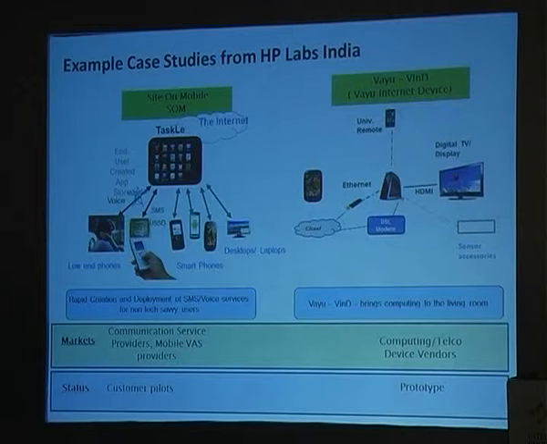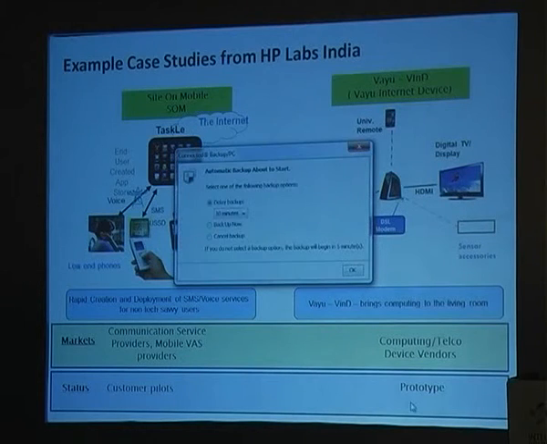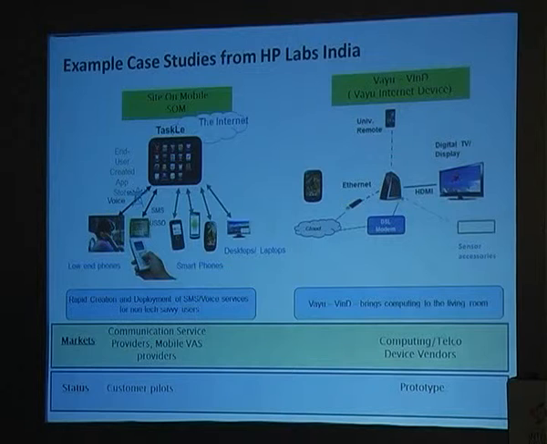And one of the examples is Site on Mobile, where this was targeted towards the Indian market because the penetration of internet in India is not as good as elsewhere in the world. I think it's less than 10% or something, because there's no broadband access at homes, a lot of homes, and people are still using consumer, low-end devices like simple phones.